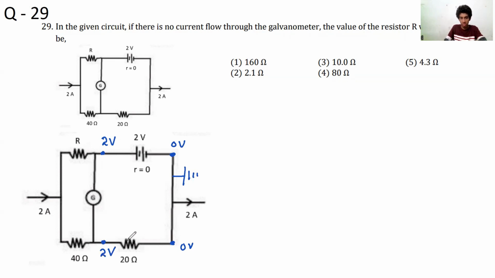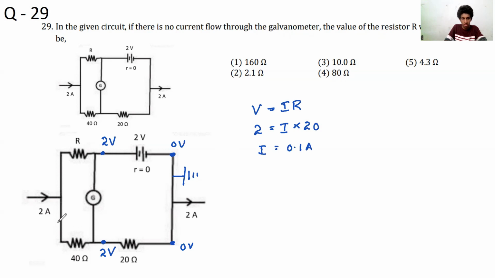Now we can find the current flowing through the 20 ohm resistor. So we can apply V equals IR with the 20 ohm resistor. So the voltage difference across the 20 ohm resistor is 2 volts, and we should find the current, and the resistance is 20 ohm. So the current will be 0.1 amperes.